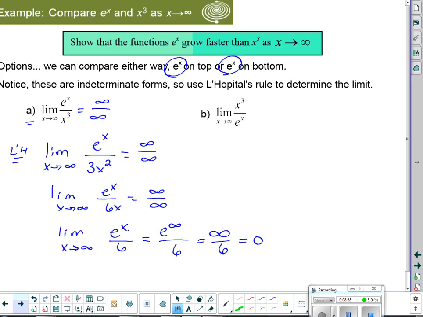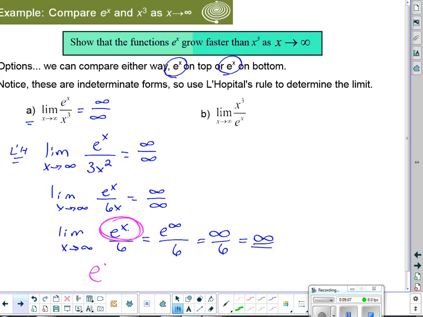Now what I have to do is interpret what this means. Back up. Infinity divided by 6 would still go to infinity. So interpreting how that happens, it means if my answer is infinity, then it was through the numerator growing so quickly, more quickly than what the bottom was.